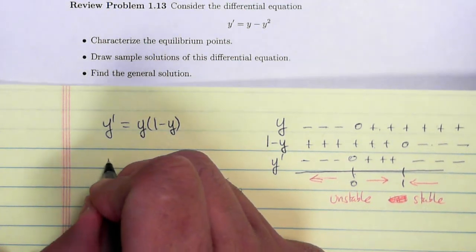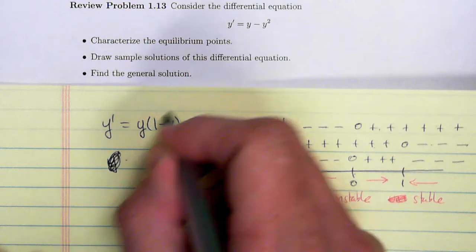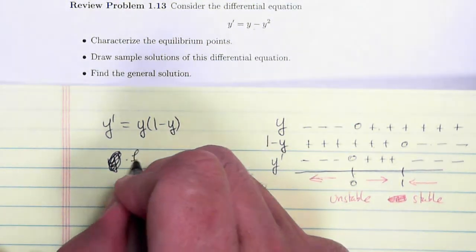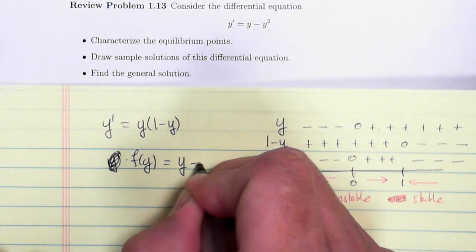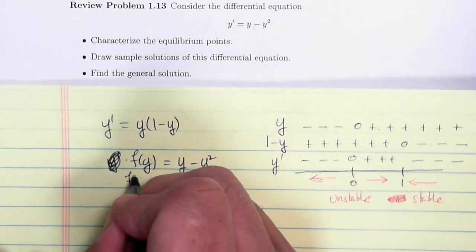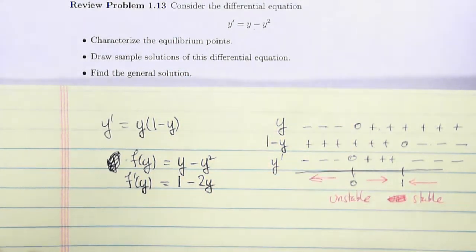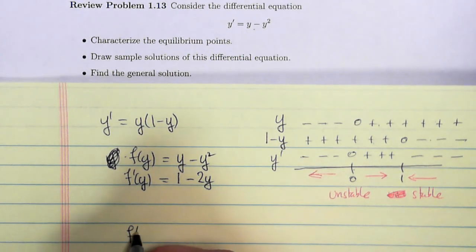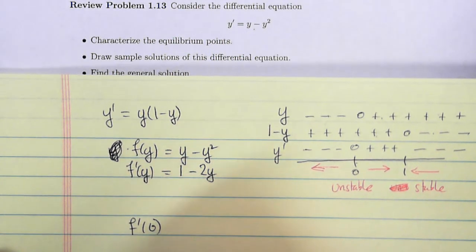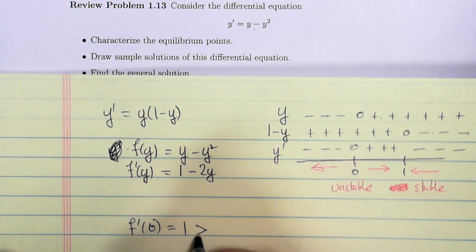The second way is to take a look at the right-hand side. f of y is equal to y minus y squared, and just simply take the derivative with respect to y. We get 1 minus 2y. Okay, now let's plug in the equilibrium points. f prime of 0 is equal to 1. The numerical value is not important.